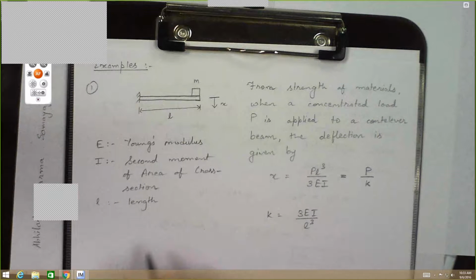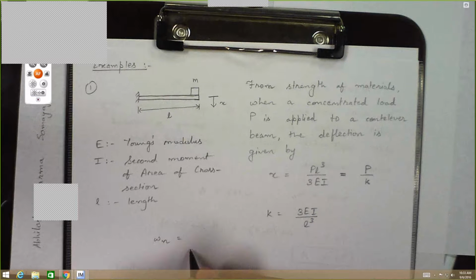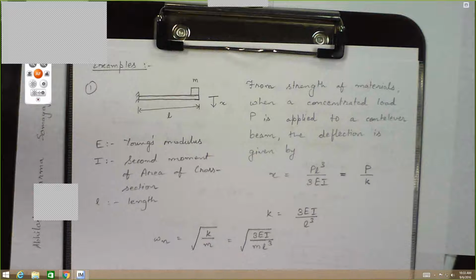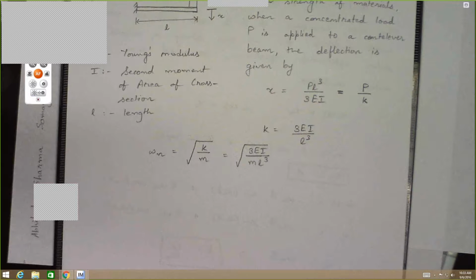So the natural frequency of the system is nothing but the square root of K over M. In this case we have K as 3EI over L cubed, so our natural frequency is the square root of 3EI by ML cubed.